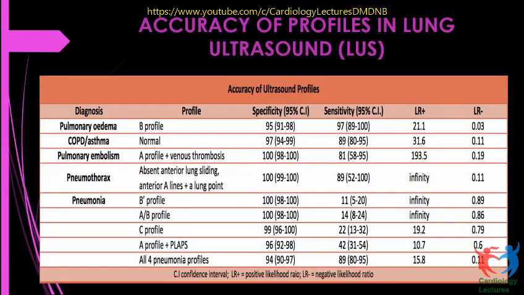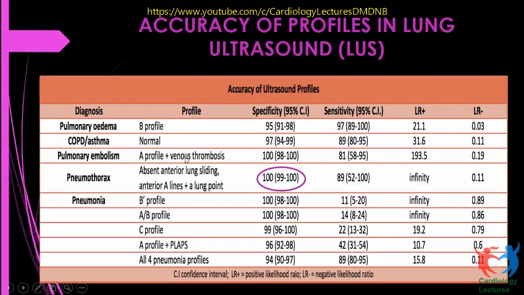Accuracy of lung ultrasound in emergency. For pulmonary edema with a B profile, it is 95% specific and 97% sensitive. For COPD and asthma with the normal lung profile, it is 97% specific and 89% sensitive.